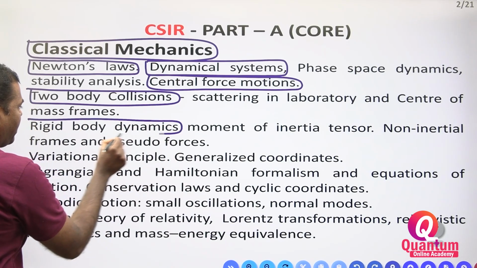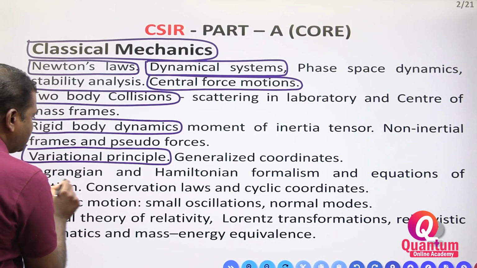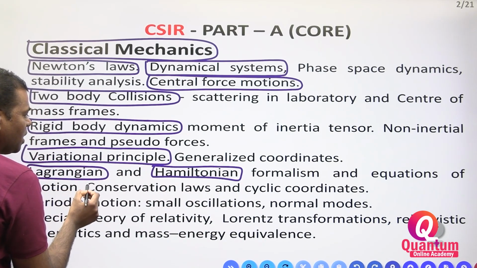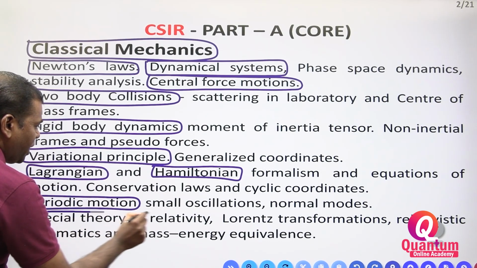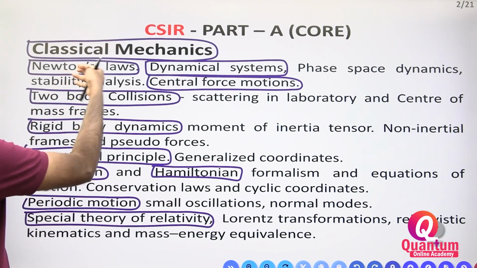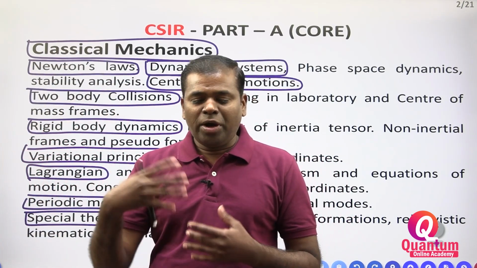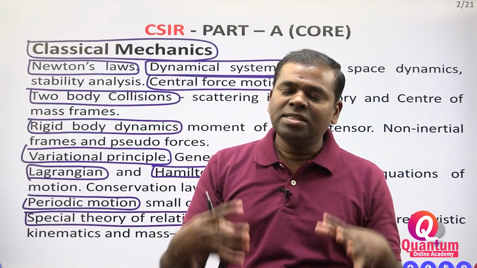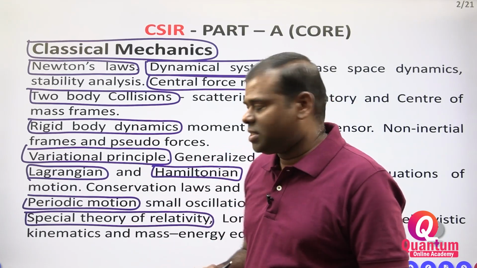Rigid body dynamics, variational principle, Lagrangian and Hamiltonian, next periodic motion, special theory of relativity. So these many topics are there in core A, right? From core A, sometimes 3.5 marks questions will arise, sometimes 5 marks questions also will arise.